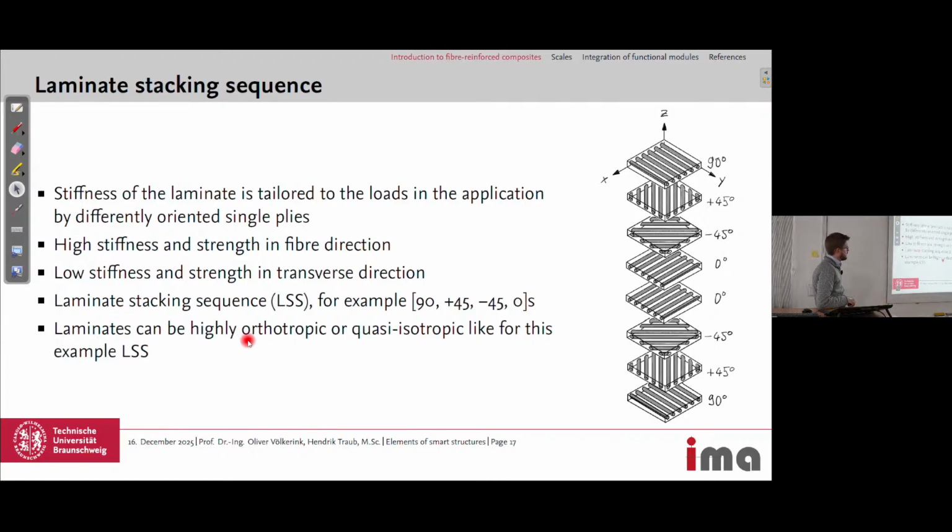Laminates can be highly orthotropic or quasi-isotropic, like the example laminate stacking sequence. So you can build really orthotropic laminates with higher stiffness in one direction, and this laminate with, let's say, all directions covered would be quasi-isotropic, so behaving similar to an isotropic material, for example metal.